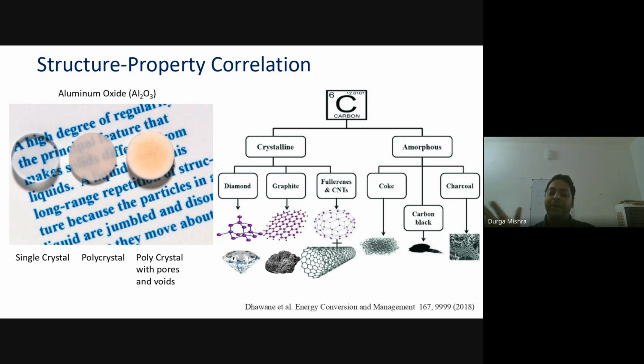Again, completely different mechanical properties, thermal properties, everything different. So the same carbon, based on how the atoms are arranged, gives rise to various interesting properties. This is what a material scientist is looking at, to understand why it is like that.